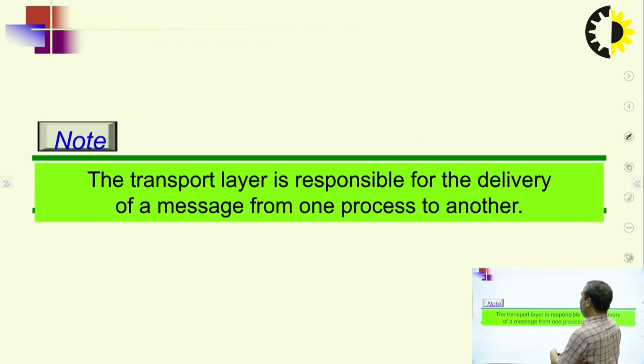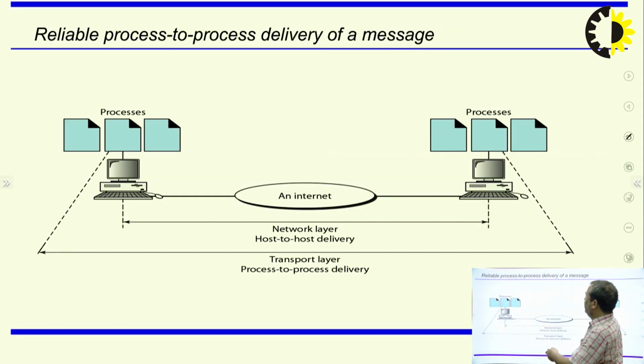The transport layer is responsible for the delivery of a message from one process to another process. What is the meaning of end-to-end? A system can have many processes.